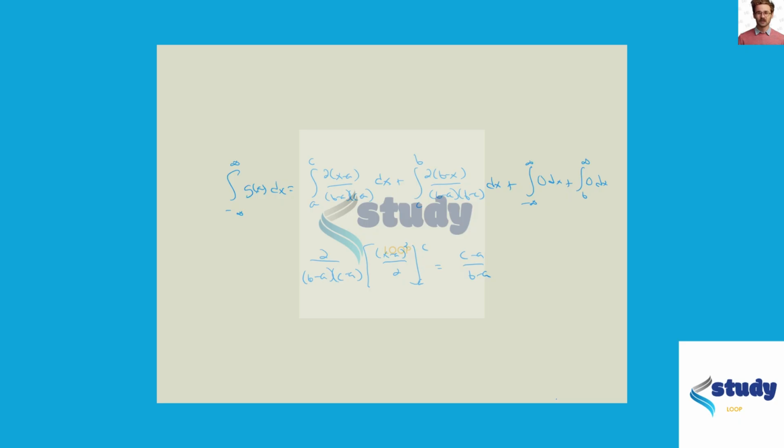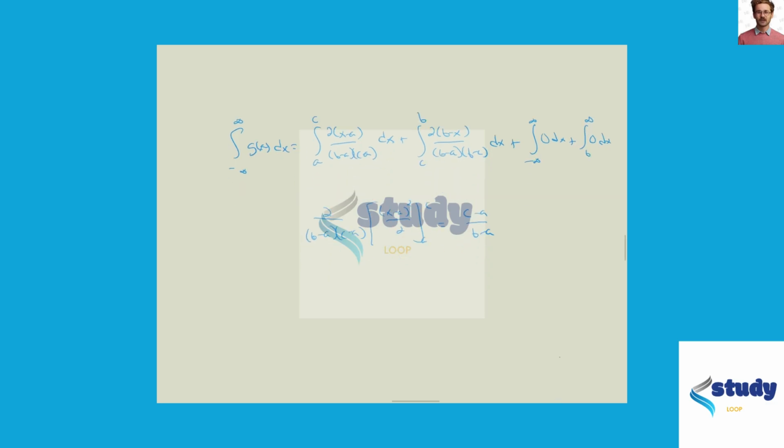For x between c and b included, that would be 2 over b minus a times b minus c times the integral from c to b of b minus x dx, which would be b minus x squared over 2 evaluated from c to b, which would simplify to b minus c over b minus a.